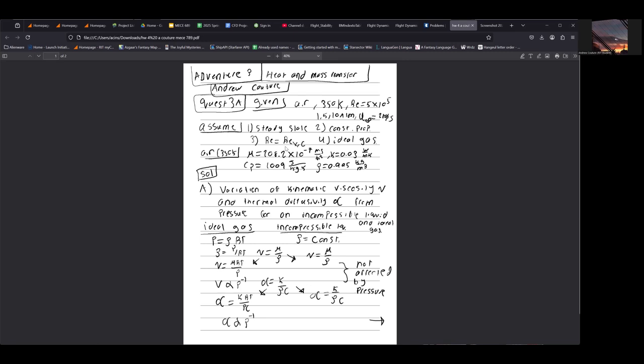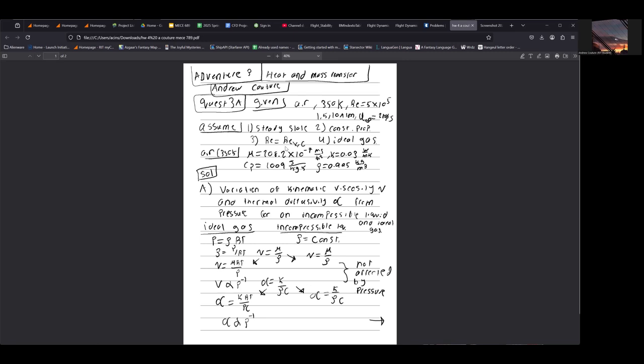For the ideal gas law, pressure equals density times RT, and obviously solve that for density. For the kinematic viscosity, that is mu over rho. So for an ideal gas, you plug in rho, so you get mu times RT over pressure. So the kinematic viscosity is proportional to 1 over pressure, or P to the negative 1.